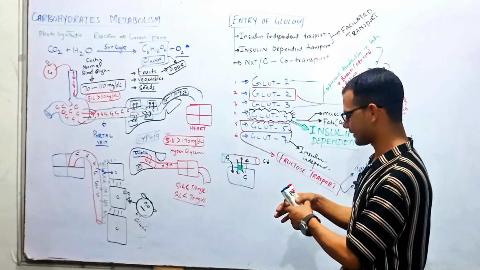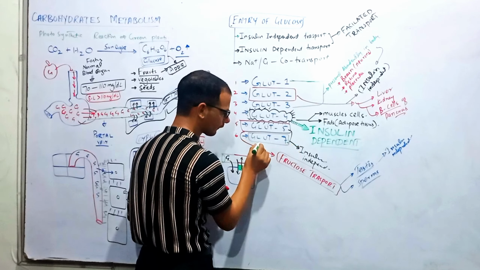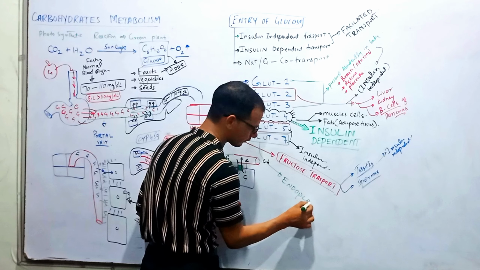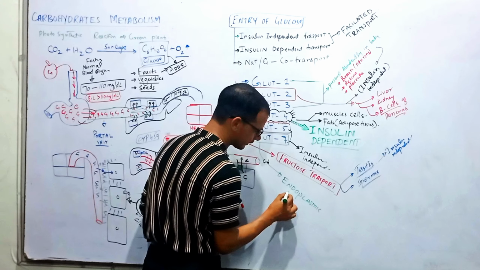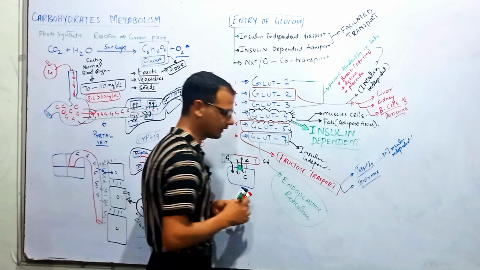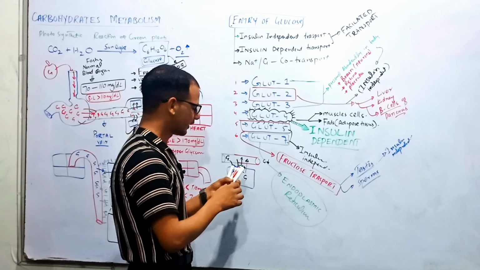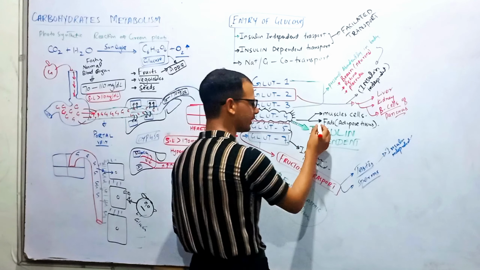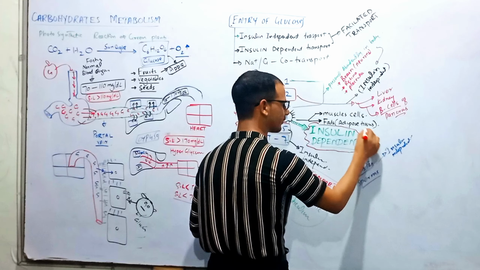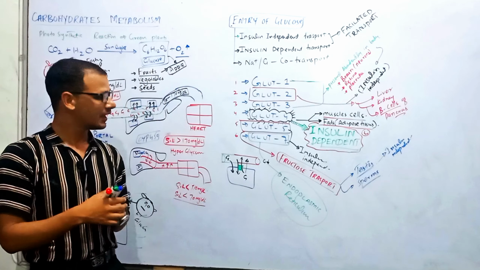So the GLUT7 receptor is present on the endoplasmic reticulum, and these are insulin independent. The only one which is very important, which is insulin dependent, is GLUT4, and GLUT4 is present on muscle cells and fat cells, right?